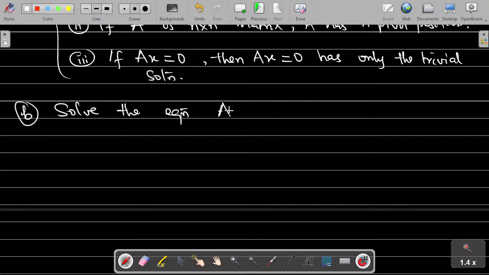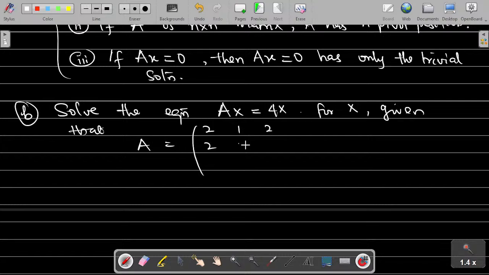Solve the equation Ax equal to 4x for x, given that our A is this matrix 2, 1, 2, then 2, 2, minus 2, and then 3, 1, 1. It's the matrix we handled earlier.